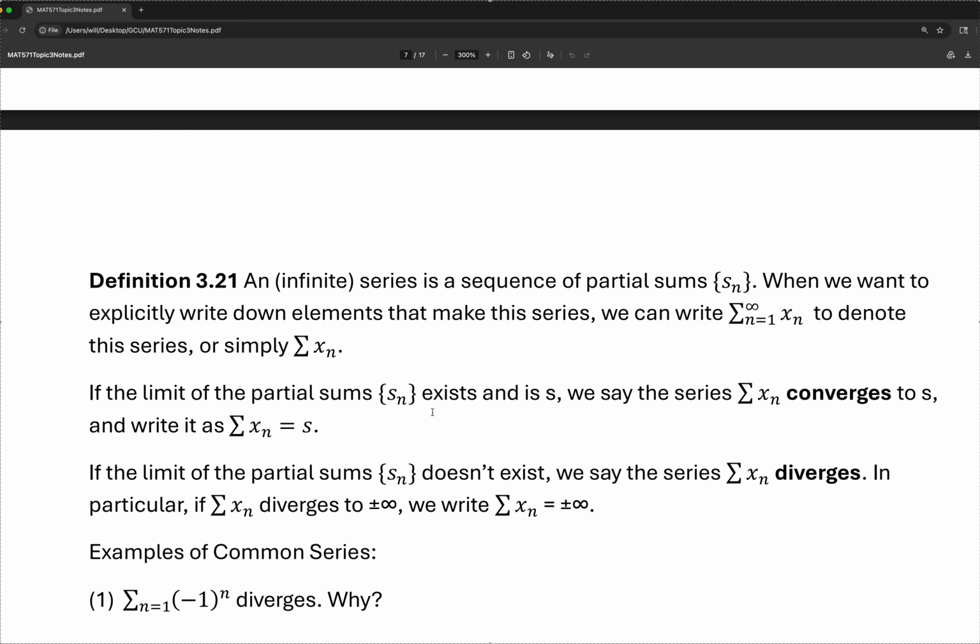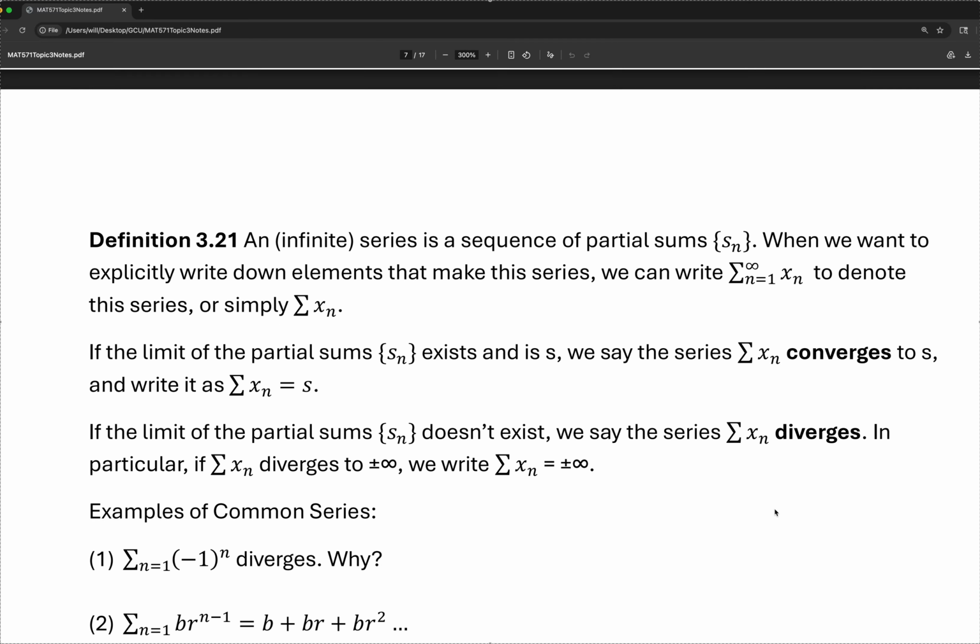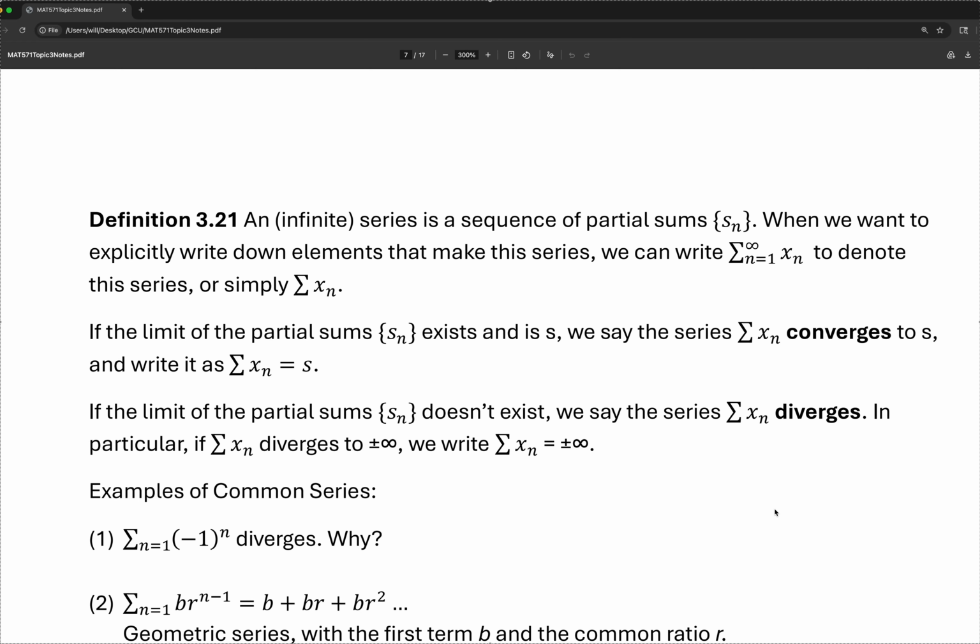So we say the series converges if the sequence of partial sums converges. And if the series is not convergent, we say the series diverges. It's really based on partial sums.